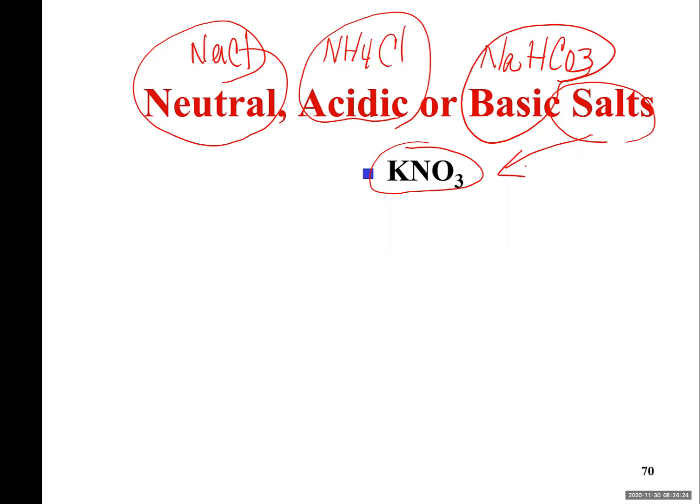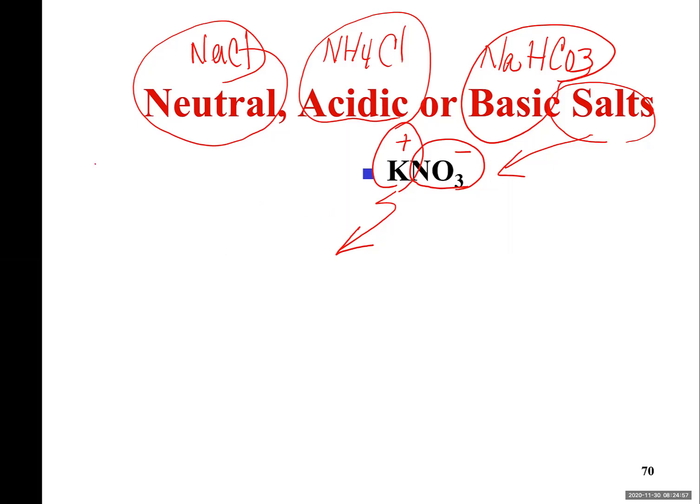Let's say acid and bases are the parents of this baby. So if I want to see what are the acid and base which make this salt, all I have to do is realize that this salt is composed of two ions, positive K plus and negative NO3 minus. And then add components of water.